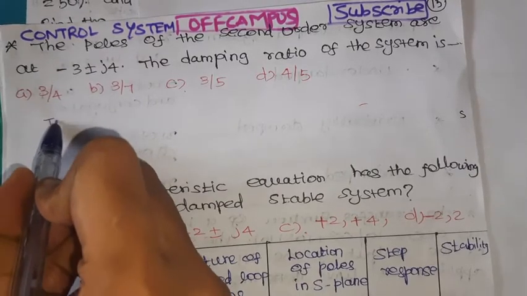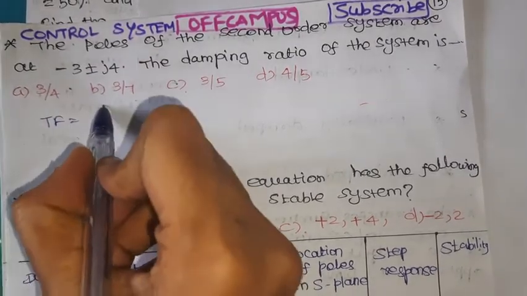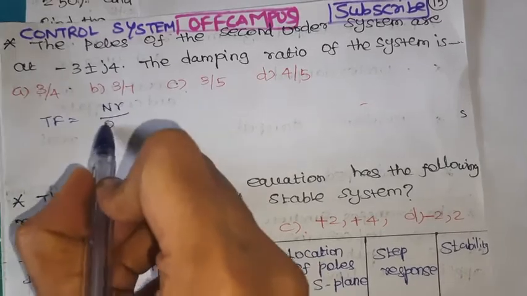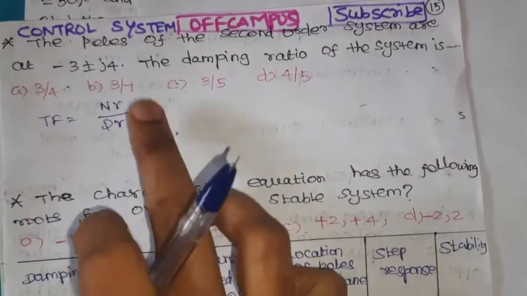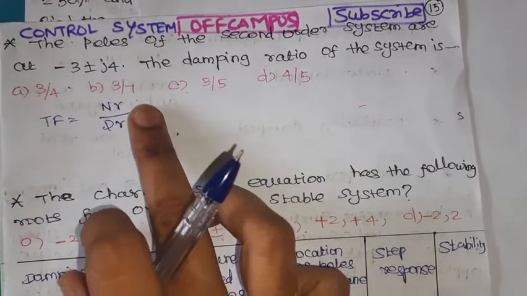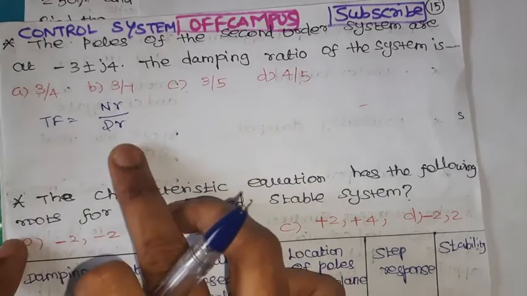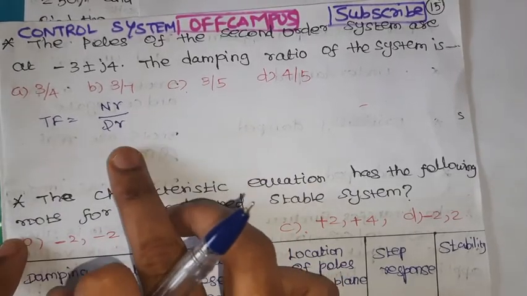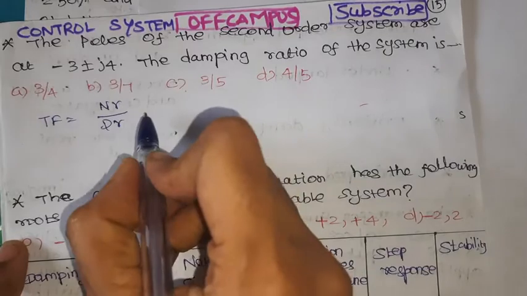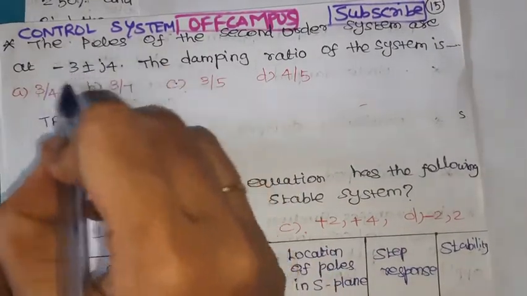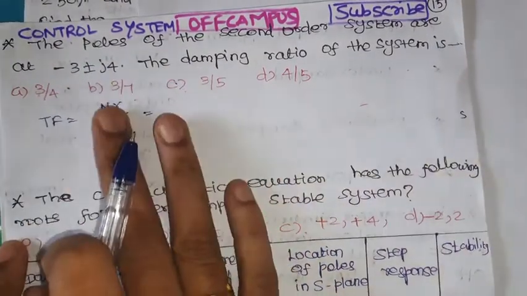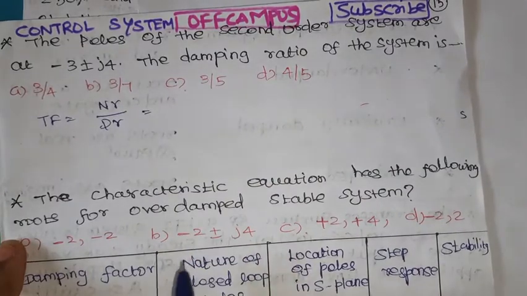Generally, a transfer function has a numerator term and a denominator term. We know that the numerator term denotes the location of zeros, whereas the denominator term denotes the location of poles. Similarly, this is the pole location, so this will represent the denominator of the transfer function.